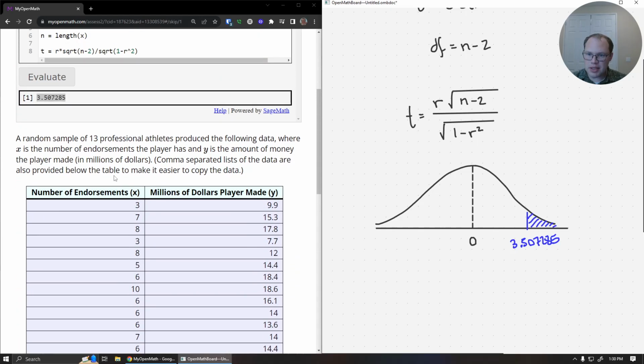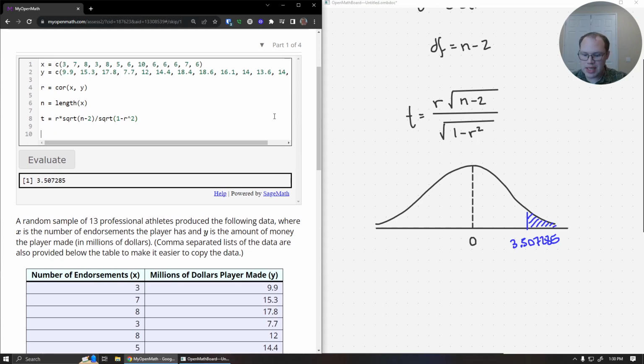To calculate probability of a t-distribution, I'm going to use the pt function. I give it my quantile value, which for a t-distribution is the t-score. And since it's a t-distribution, I also have to specify the degrees of freedom, which is 11, or n minus 2, 2 less than the sample size. Now, this would give me the probability to the left of this t-value.